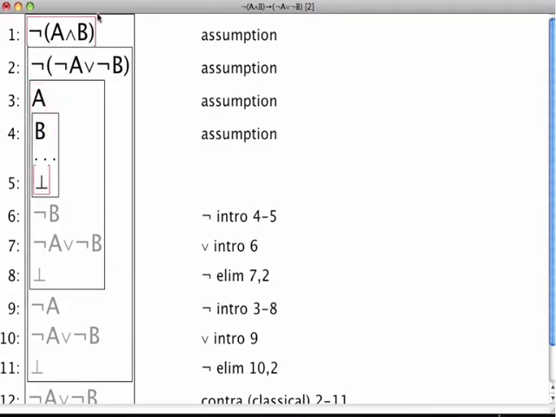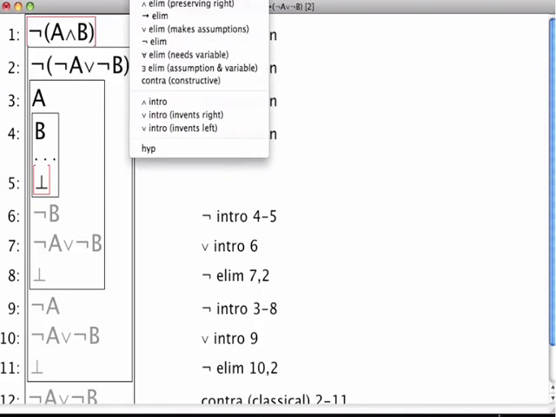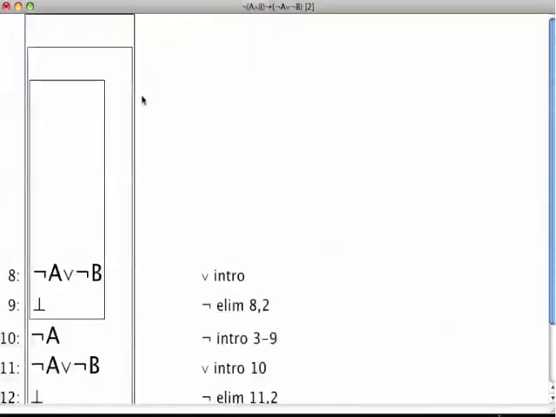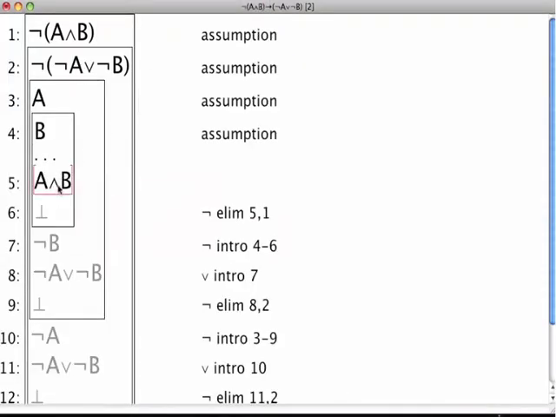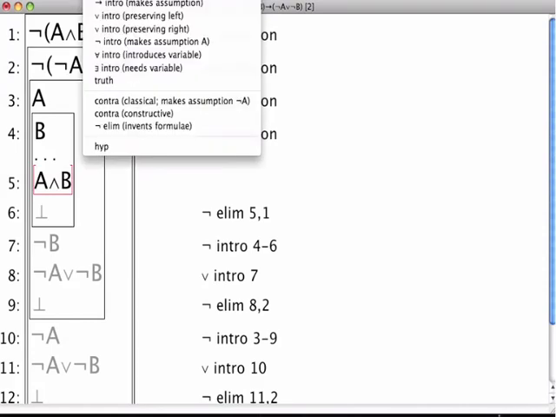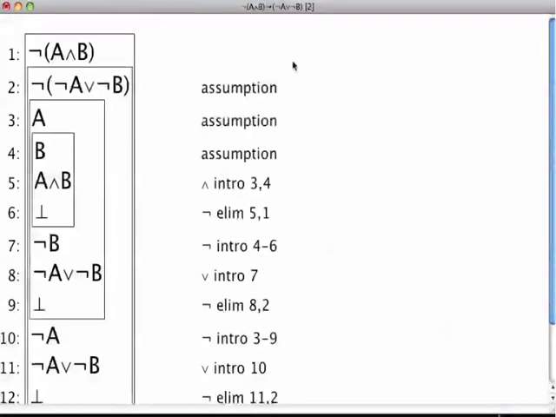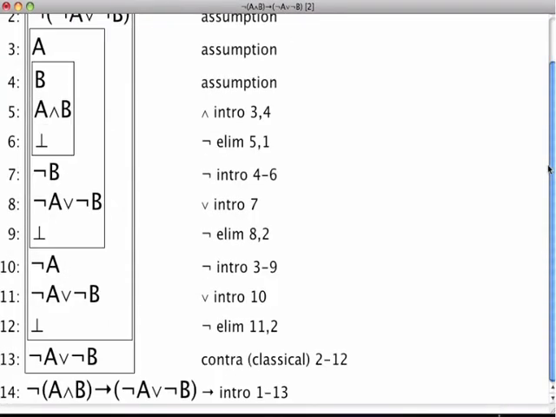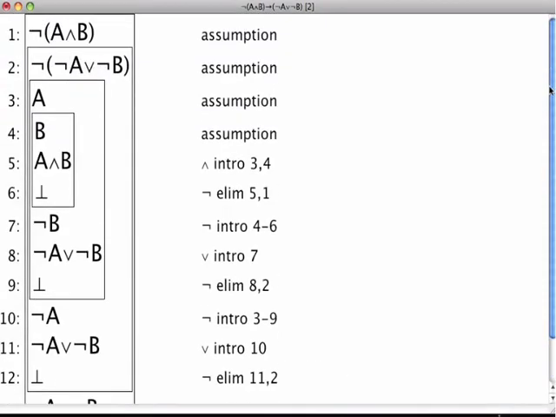Let's do this one, and then do a not elimination. Now we're almost there. Now this one can be justified by AND intro. Here's a proof. Let's see if we got 14 lines as we did before. Yes, we did. And here we should get exactly the same annotations as I did when I did it by hand.